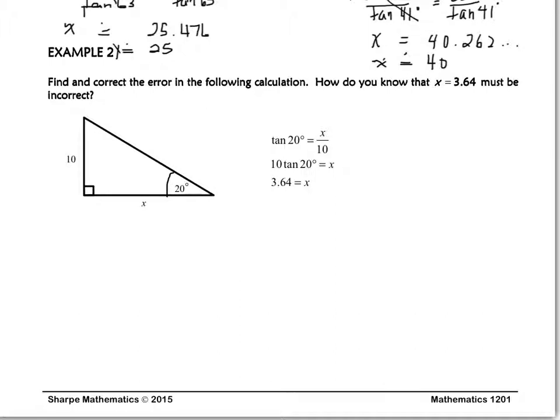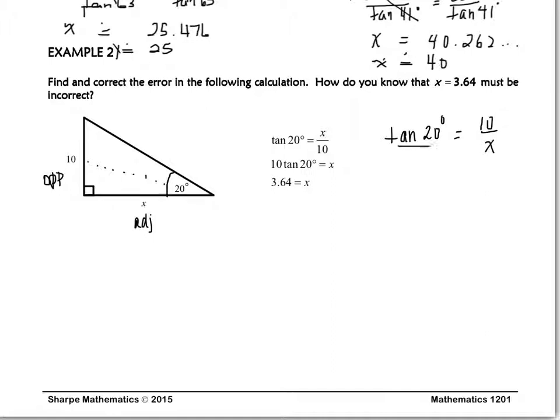But when you set up the tan ratio for this angle of 20, the opposite is actually 10, and the adjacent is your x. But this person has mixed those up and has x over 10 when it should actually be tan of 20 is 10, the opposite, over x, the adjacent.